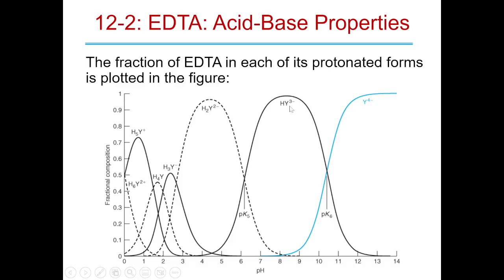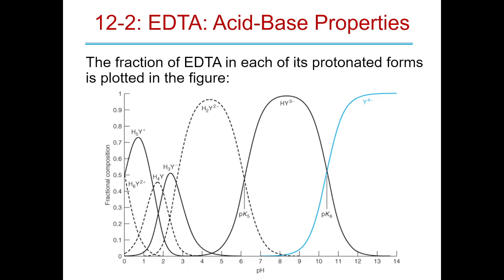Mostly HY3-. Is everybody okay with that? Where would I find a 50-50% H2Y2- and HY3- form? At pKa 5, wouldn't I? Okay. Everybody seeing how to read this information?